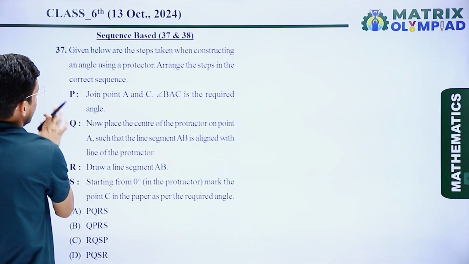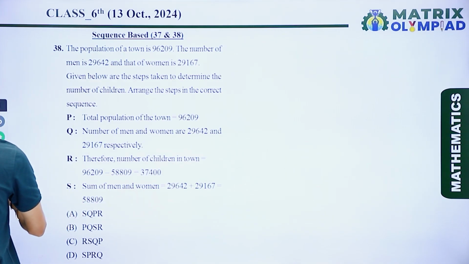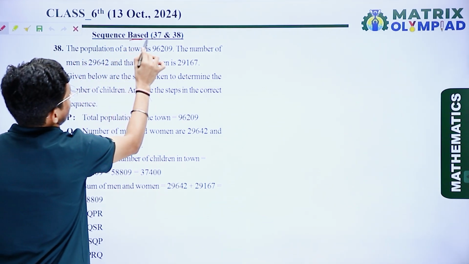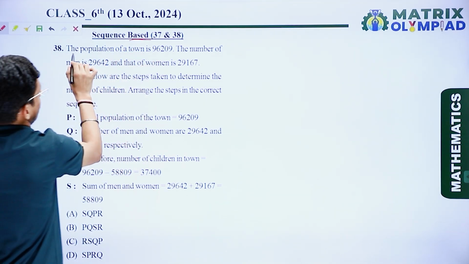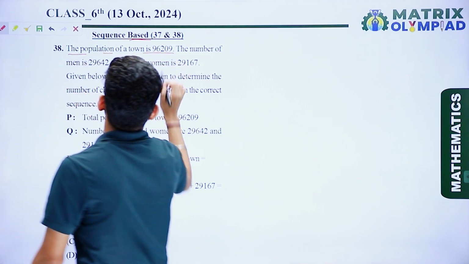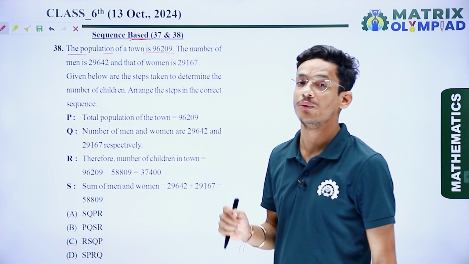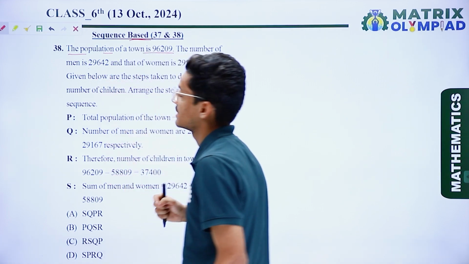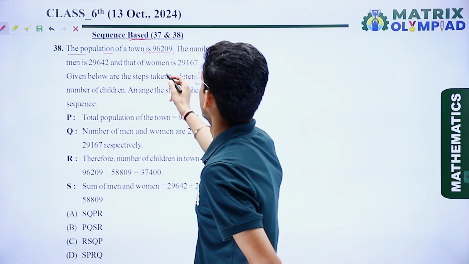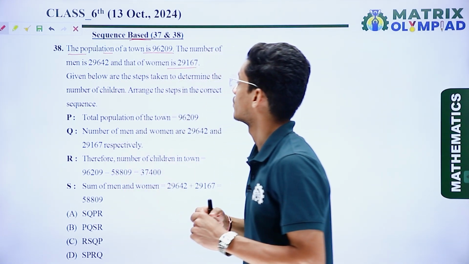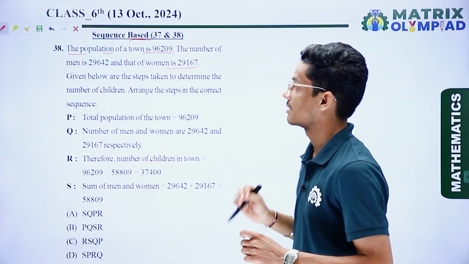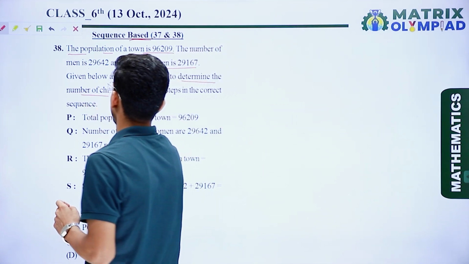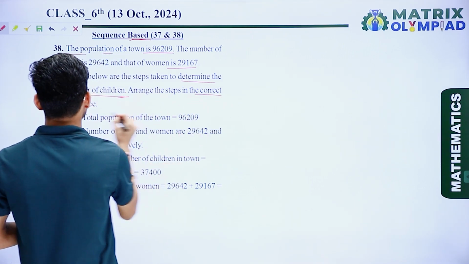Now if I talk about the next question, which is again a sequence based question. Here we have given the population of a town, that is 96,209. The number of men is 29,642 and the number of women is 29,167. Given below are the steps taken to determine the number of children. Arrange the steps in the sequence.